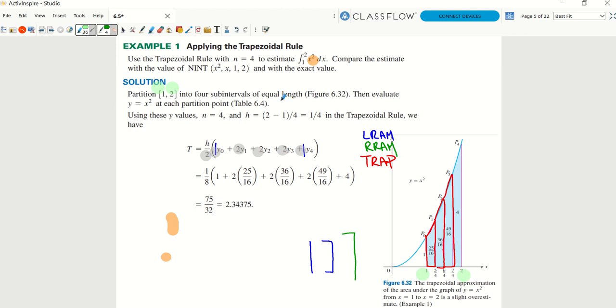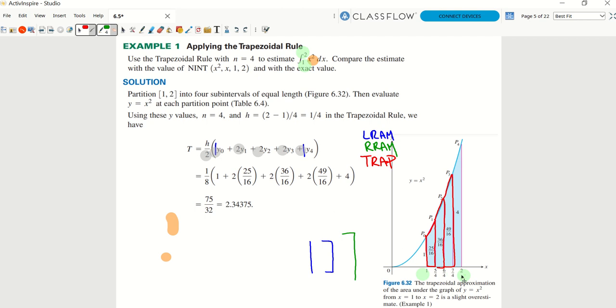And it's saying to partition it into 4. 1 and 2 was actually right here, or sorry, right here. So it's basically telling you to partition into 4 parts.